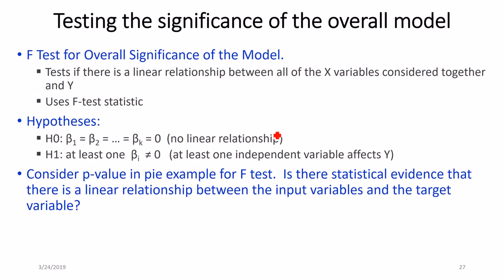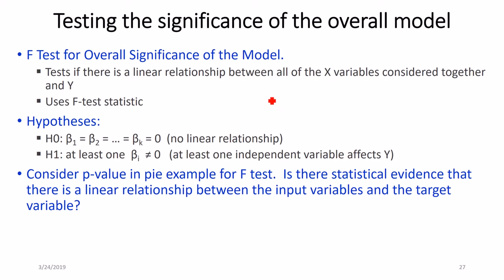For testing the significance of the overall model, we use the F-test. The F-test is to test if there is a linear relationship between all the x variables together and y. The null hypothesis is that there is no linear relationship at all, meaning beta 1 is equal to beta 2 is equal to beta 3, etc., and is equal to 0.